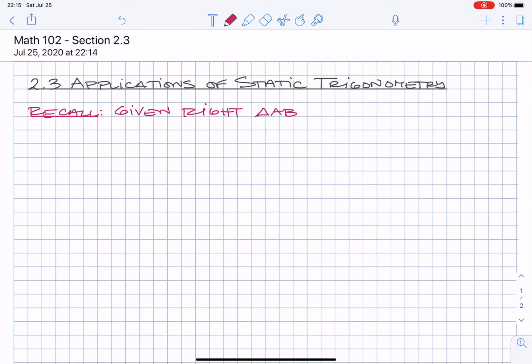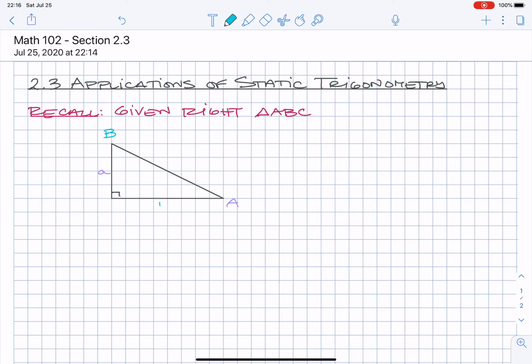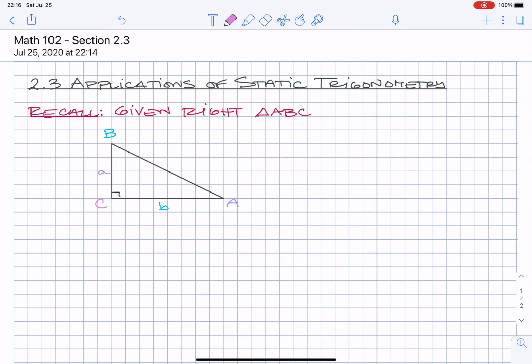A, B, C. So let's go ahead and draw right triangle ABC, like so. Remember A has opposite side little a, B has opposite side little b, and C we always want to have as the hypotenuse and the right angle.